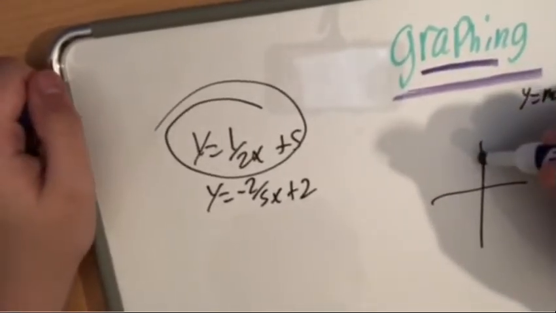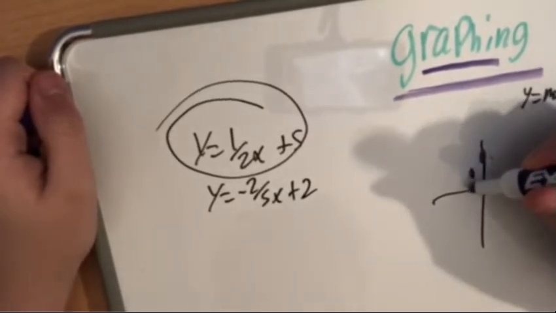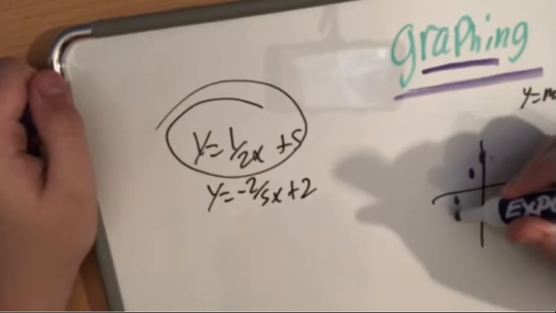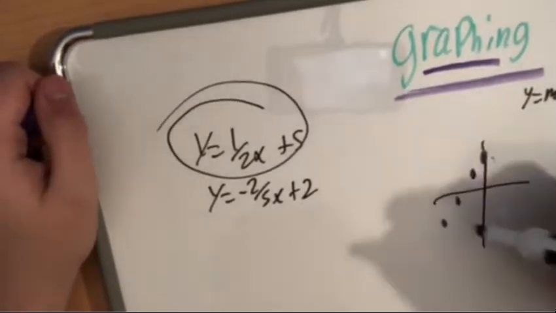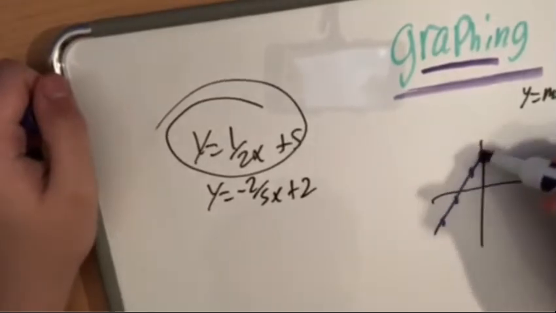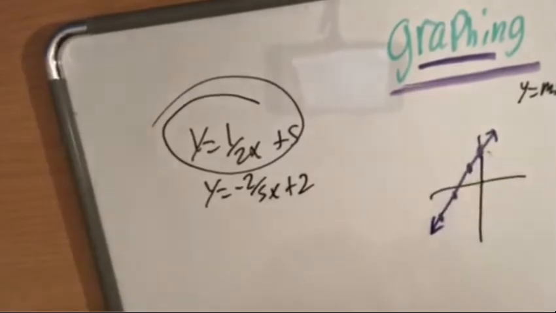So we're going to go up 1, 2 over 1, and so on. And then you have to use a straight edge, but I don't have one, so we're just going to make a nice little line right here. That is our first line.